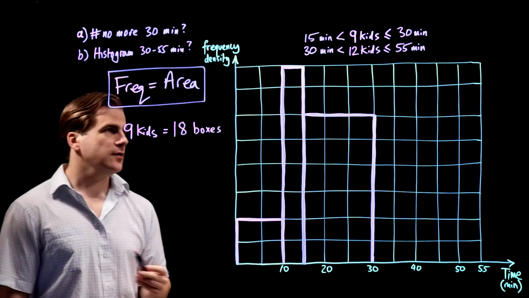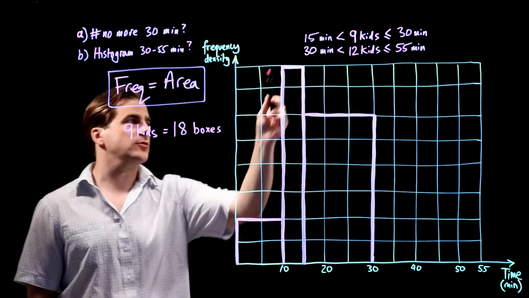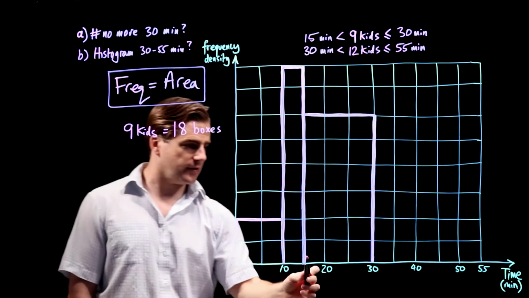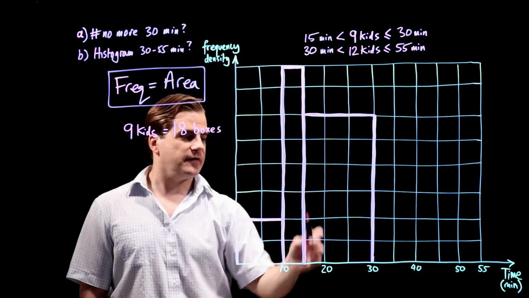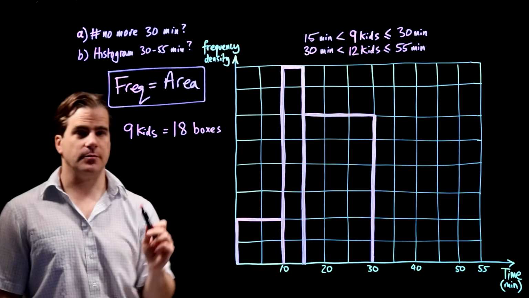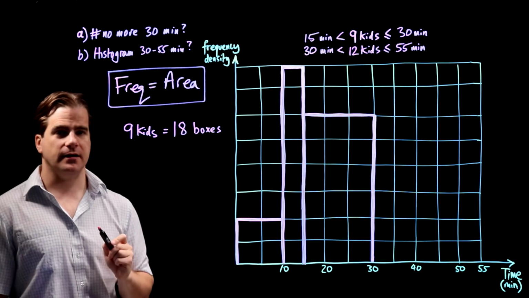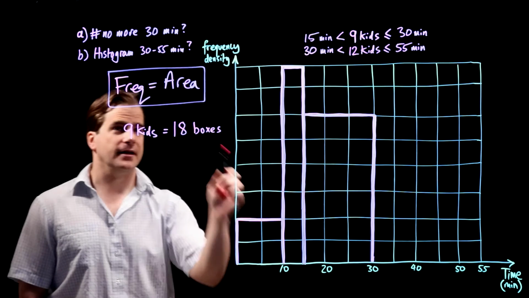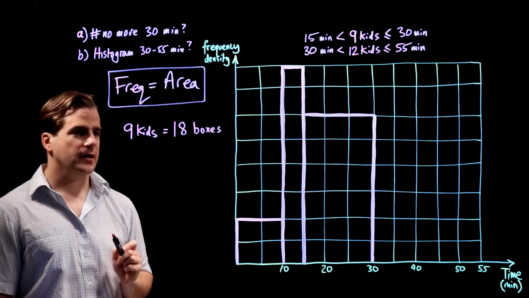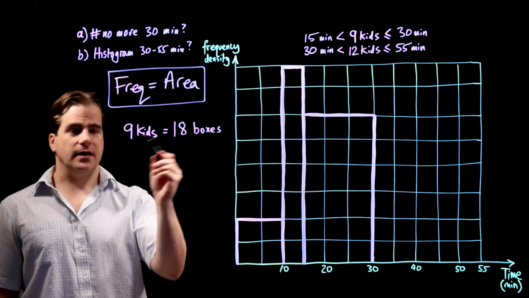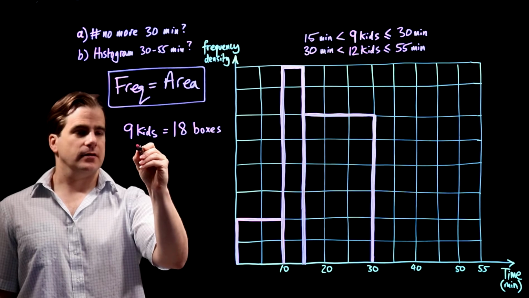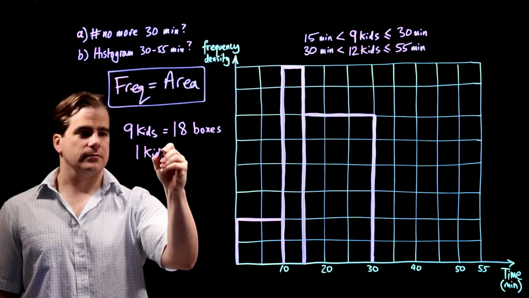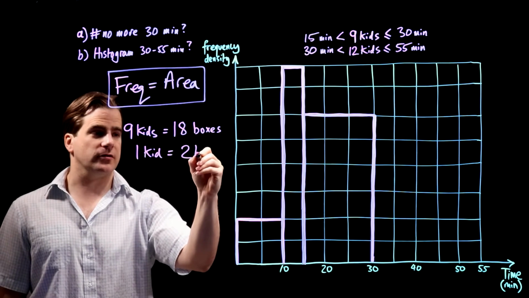By telling us that 9 kids took between 15 and 30 minutes to get to school, they're telling us that that area, 18 boxes, represents 9 kids, because in histograms, the area is the frequency. If 9 kids is 18 boxes, that means that 1 kid is represented by 2 boxes.